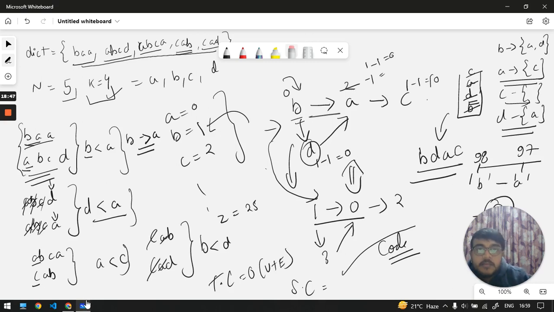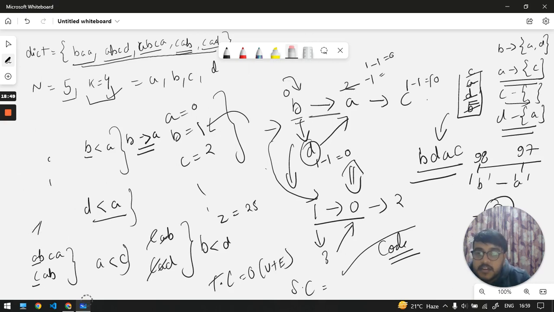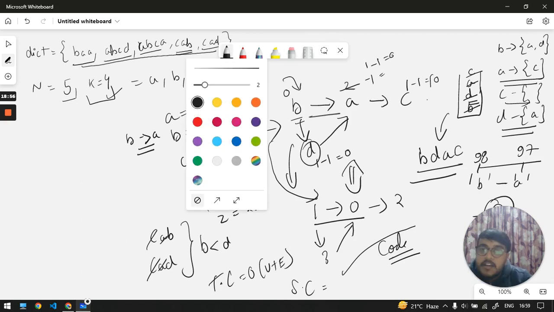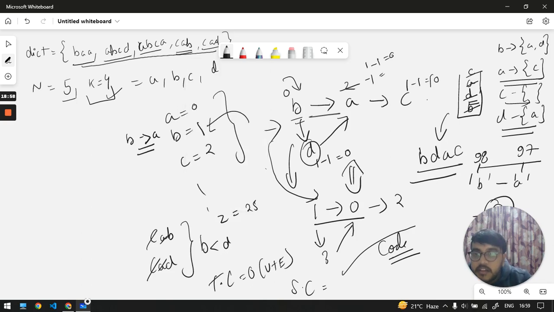Suppose, let me just erase this segment. In degree basically says, suppose there is a graph like this, with vertices 1, 0, 2 and 3. Here 3's in degree is 0 because there are no incoming edges. 0's incoming edges are 2, then 2 has 1 and 1 has 1.